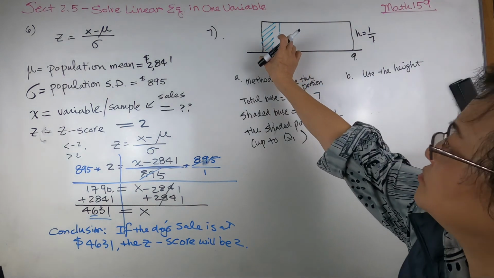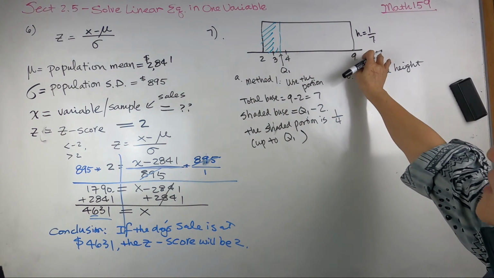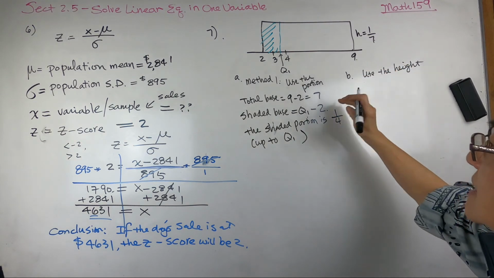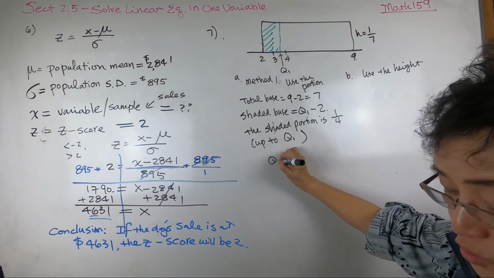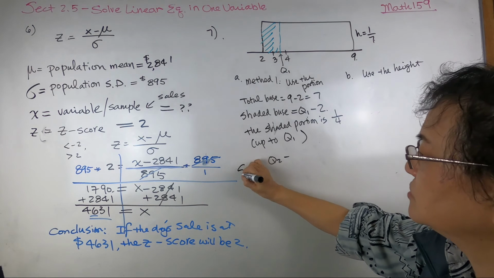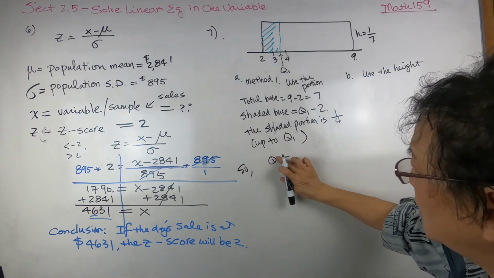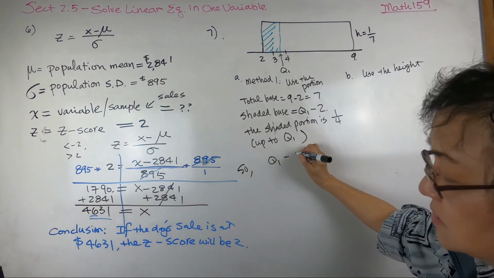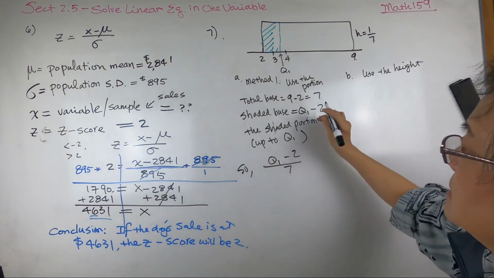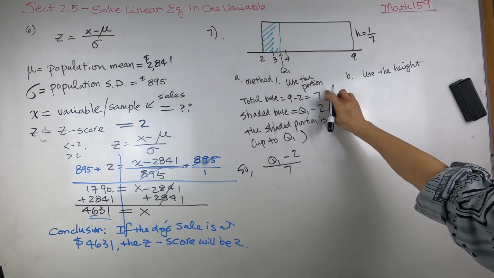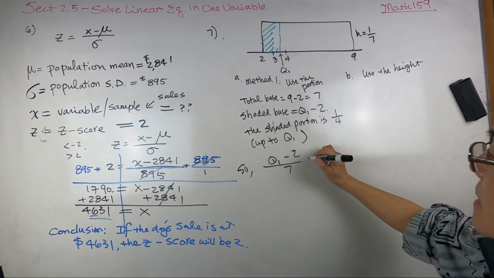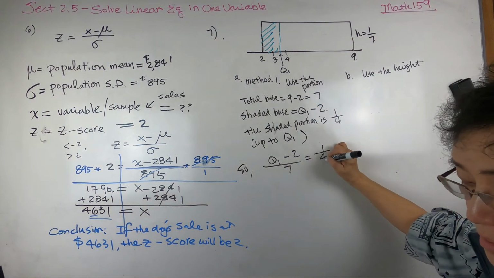We say this portion is part of a whole, it's a quarter. That means Q1 minus 2, the shaded base compared to the total base 7, is actually a quarter.